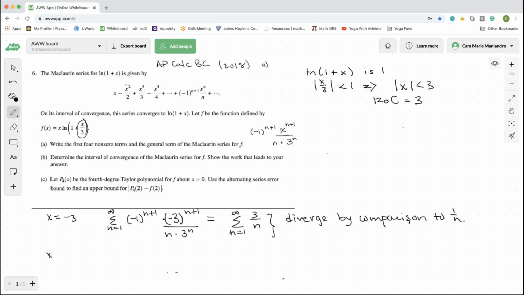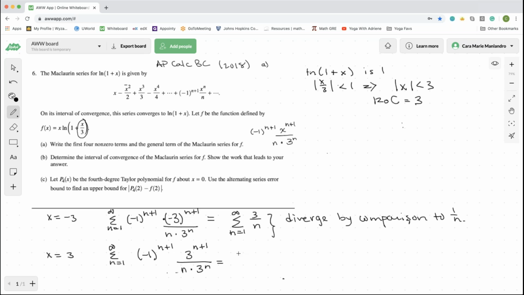Okay, and then if we're going to do the other endpoint, we want to let x equal 3. So sum of my terms from 1 to infinity of negative 1 to the n plus 1, and now I'm just going to plug in my x is equal to 3. So I get 3 to the n plus 1 divided by n times 3 to the n.